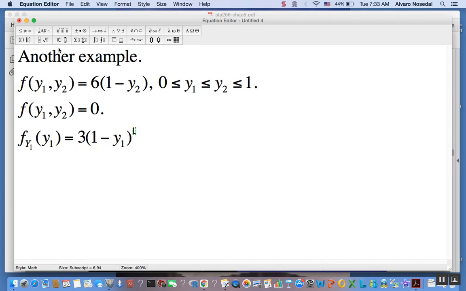Nice, huh? In the interval 0, 1, and it's going to be 0 elsewhere.